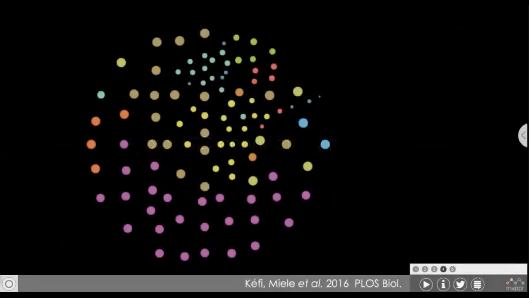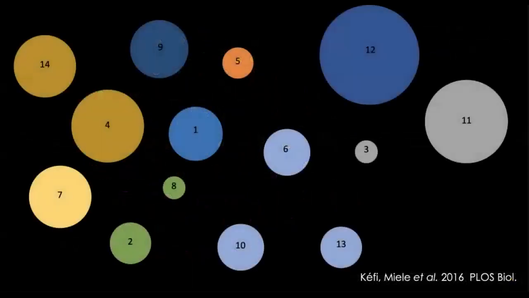Starting from the 106 species and applying the stochastic block model approach, we got 14 clusters of species. This is not a very informative picture. These are the clusters, and their size is proportional to the number of species in the clusters.